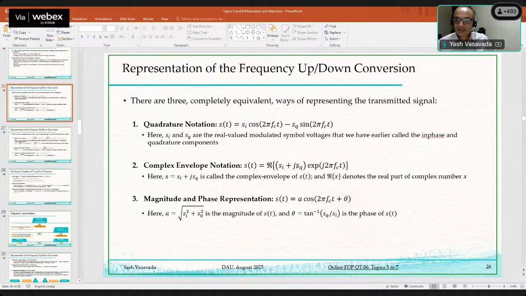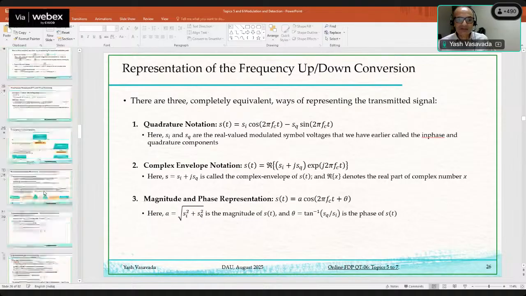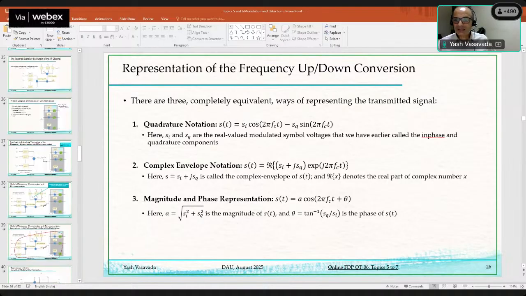For the BPSK, SQ is always 0. Okay, that's why it's one of the simplest modulation schemes. Even in on-off keying, SQ is 0. So the only thing that we have to see is what is Si. So for BPSK, this Si now, remember, Si is multiplying with this cosine and sine and all that, right?